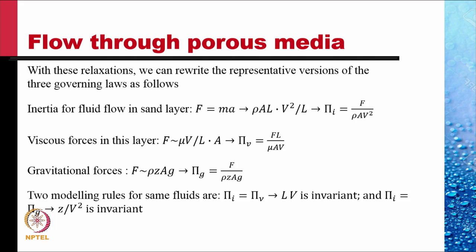The two modeling rules for the same fluid, water, so that rho and mu and g are scaled by a factor 1. From the first equation, we get L V is invariant. On the second equation, we get Z divided by V squared is invariant.